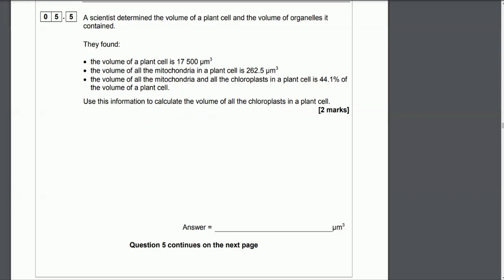Okay, I'm going to go through the answer. So we know the volume of the plant cell is 17,500 micrometers cubed. However, they tell us here that 44.1% is the mitochondria and all the chloroplasts. So first of all, let's find out how much of the volume of the plant cell is mitochondria and chloroplasts.